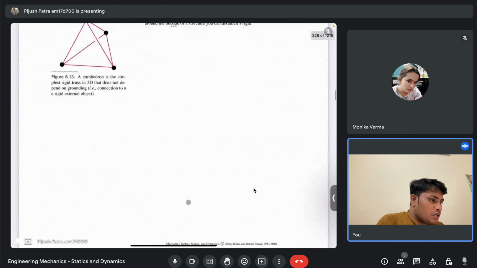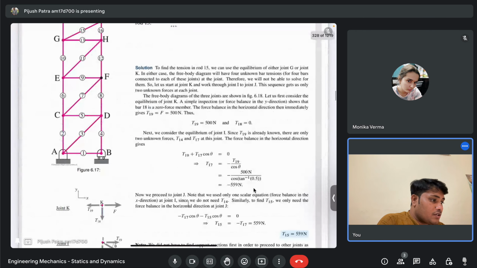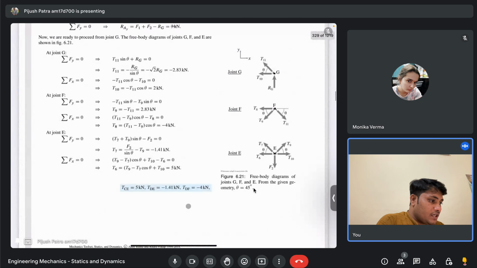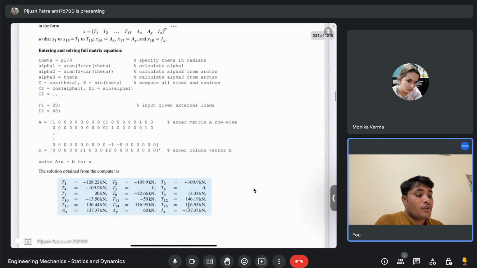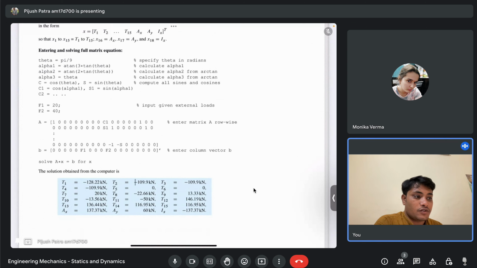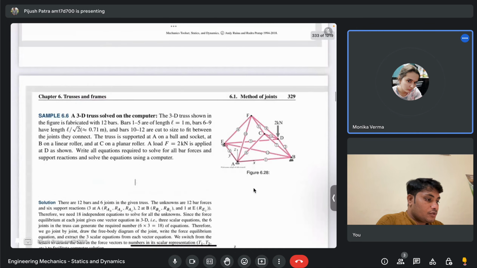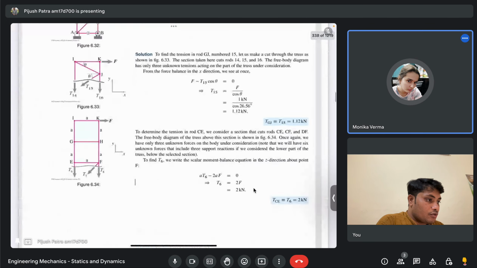In this book you will get a detailed study of the basic stress problems. It's a very nice book. I'll send it to you, and they have also given MATLAB code for all of the problems. You can write the code of that problem in a computer like MATLAB, and it will give you the solution.